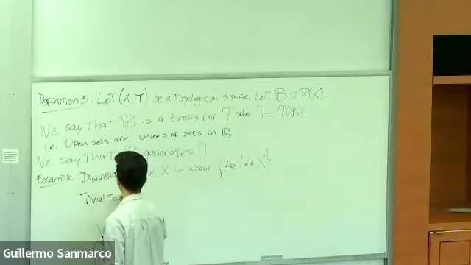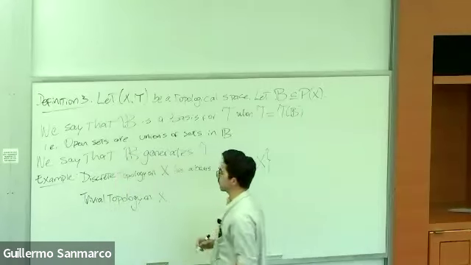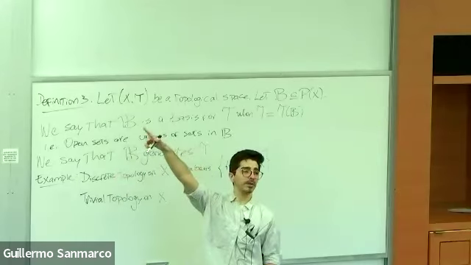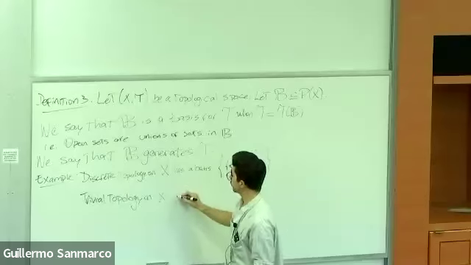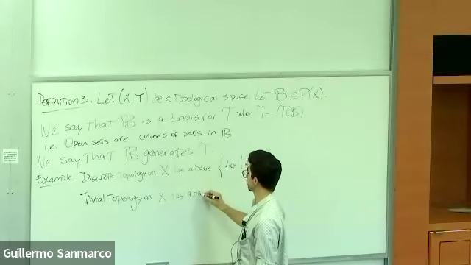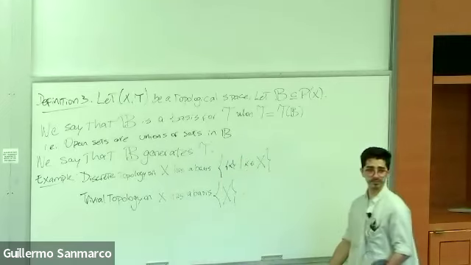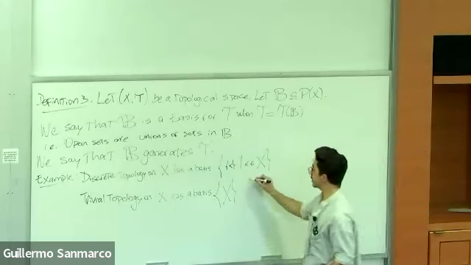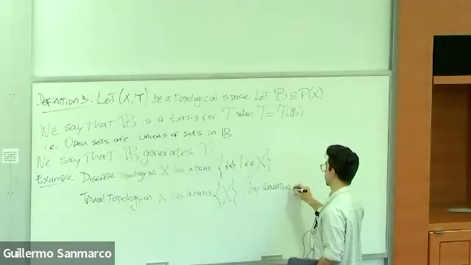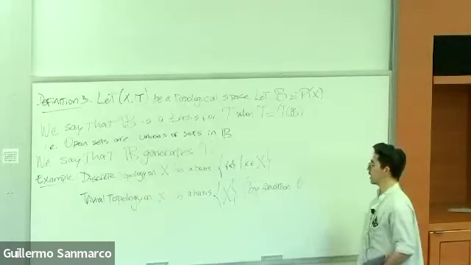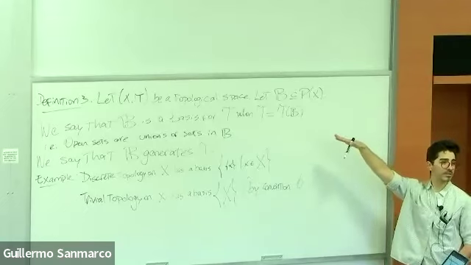And the trivial one. This is something I want to mention at least once, because it's sort of a convention. So the trivial topology, remember, is only the empty set and the entire set. So the basis here will be just the entire set. Because I want to mention this, by convention, we assume that the empty set is always a union of some collection of sets, namely the empty collection.